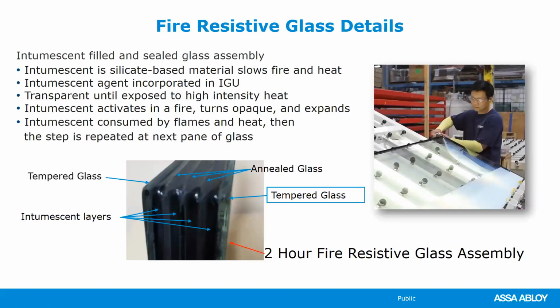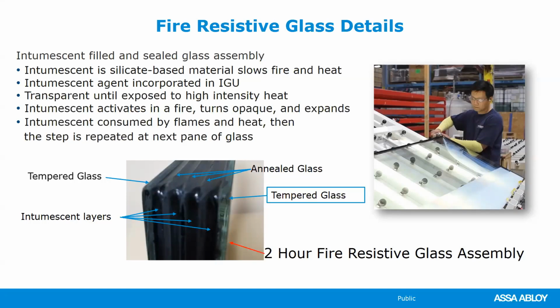Looking at fire-resistant glass itself, if you look over at the right there, the gentleman is filling the spaces between the individual glass panels with the intumescent that provides the temperature rise resistance of the glass assembly.